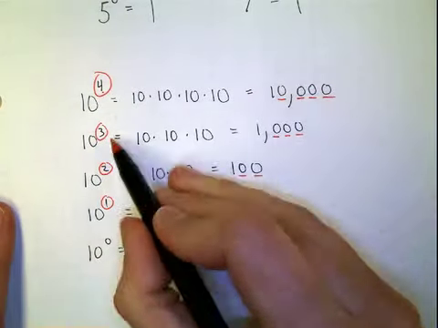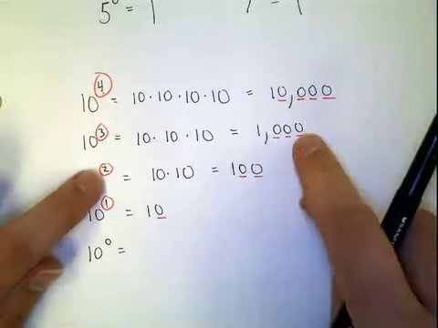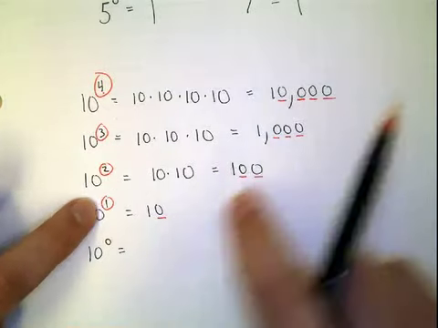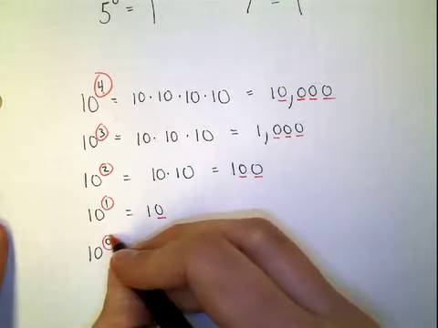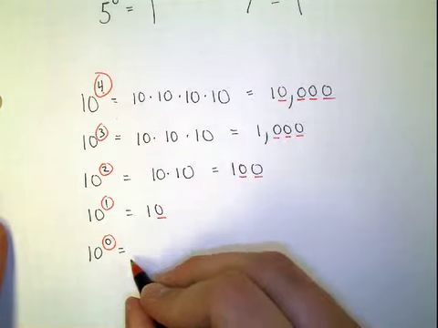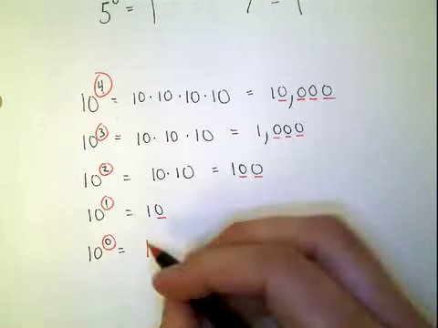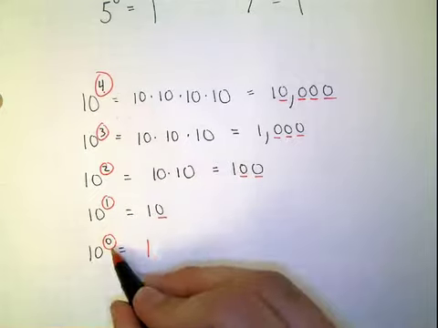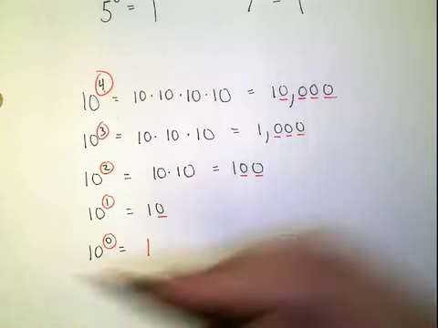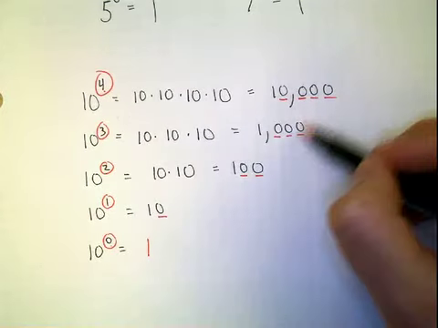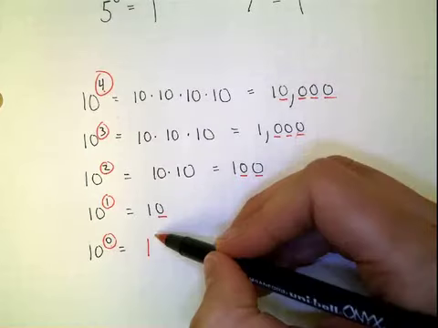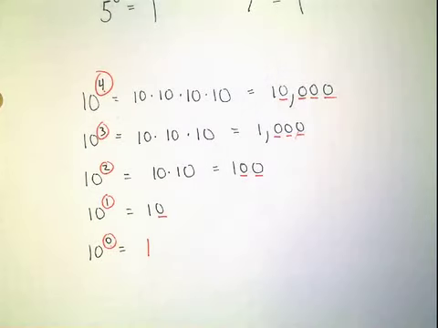There was 4 zeros, 3 zeros, 2 zeros, 1 zero. So how many zeros? But the answer is 1. There's not going to be any zeros here. There's going to be nothing because there's 0 zeros. So look at how we just took a 0 off, took a 0 off, took a 0 off, took a 0 off. The pattern kind of proves that 10 to the 0 equals 1.